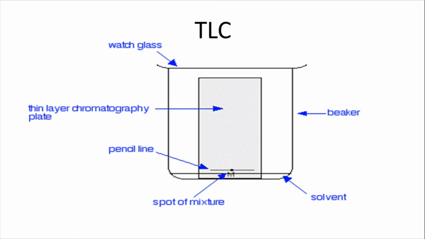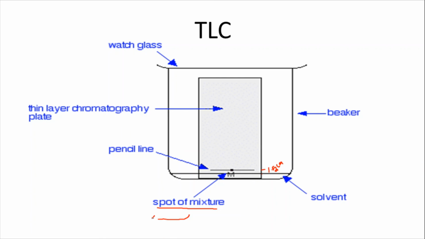This is the level of mobile phase you take. You always take the mobile phase level less than the sample spotting. So if this is 1.5 centimeter for the sample, you always take the volume of mobile phase around 1 centimeter level. Okay. And also spot of mixtures you can apply.